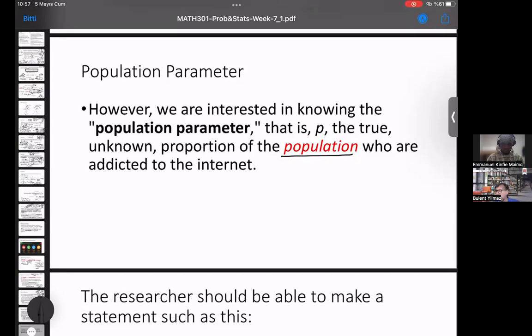What we found as p hat is the statistic, an estimate. What are we trying to do? We are trying to estimate the real population parameter, like the real proportion of people who are addicted to the internet, or the percentage. But I cannot find it directly. I can only estimate it.